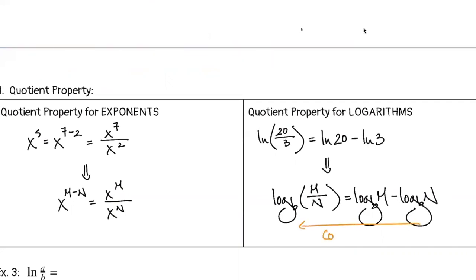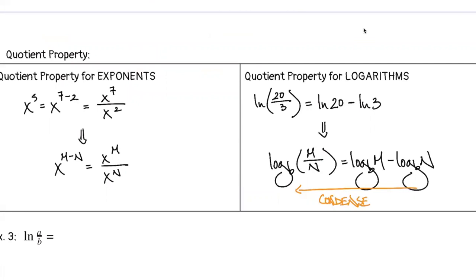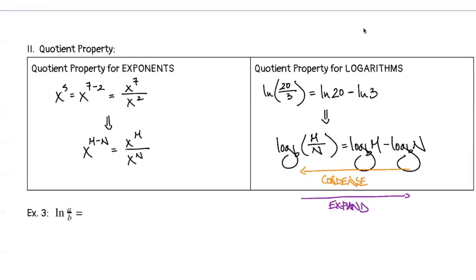This direction would be condense, right? We're moving more than one log into a single log. Whereas in this direction, we might expect the directions to say expand. Take one log and make it into a bunch of logs, okay?